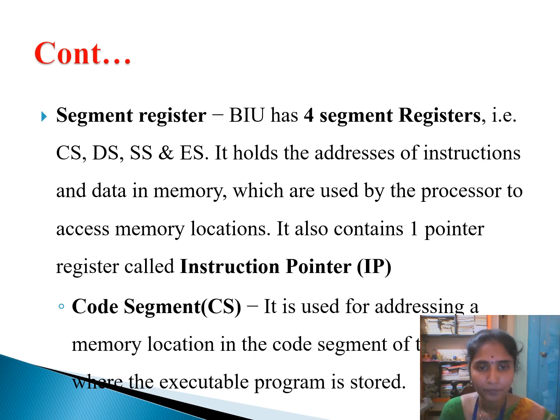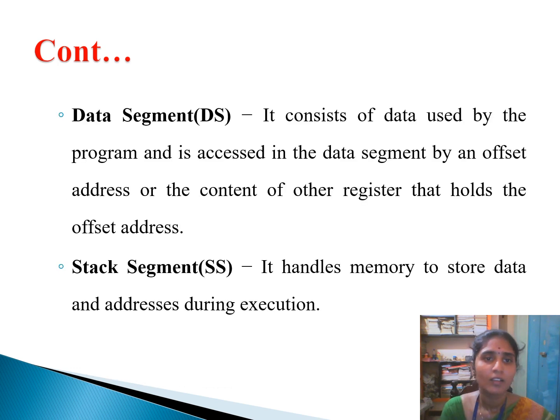Code segment, CS. It is used for addressing the memory location in the code segment. Next, data segment. It consists of data used by the program and is accessed in the data segment in memory by an offset address or the content of another register that holds the offset address.